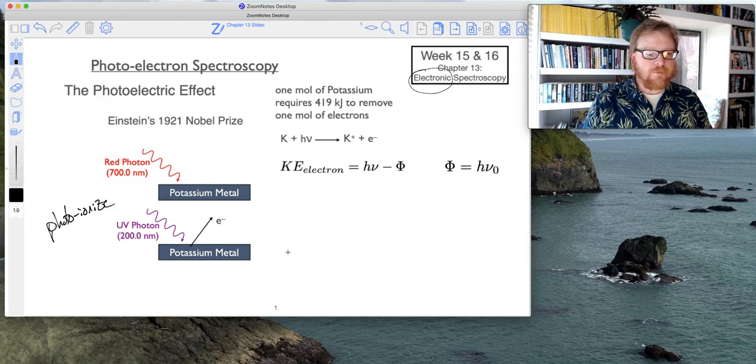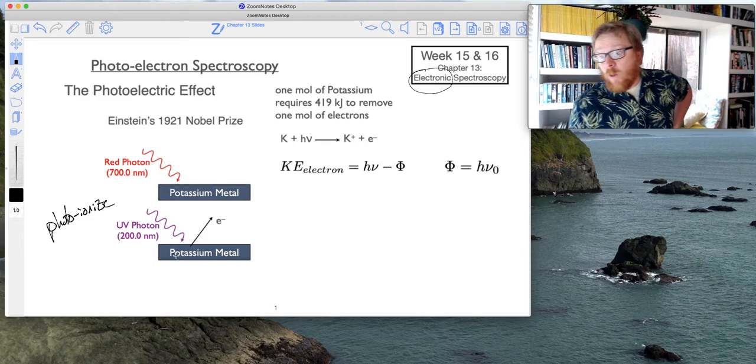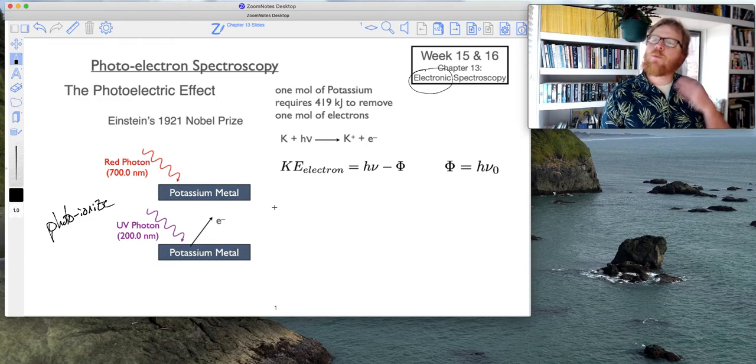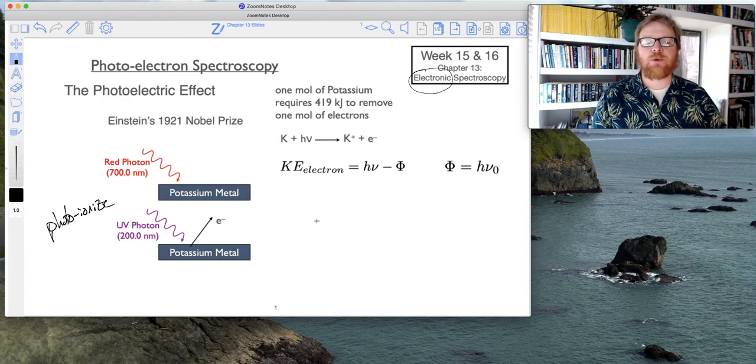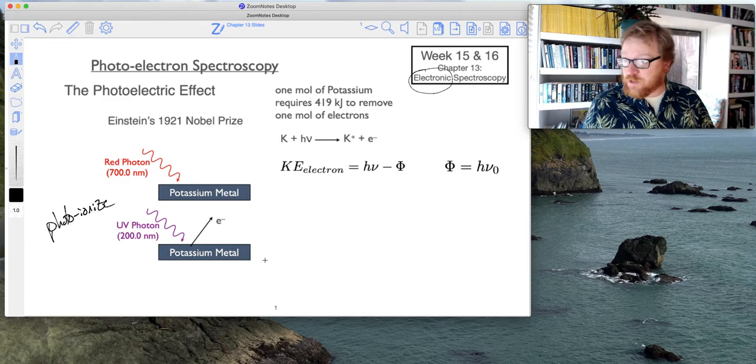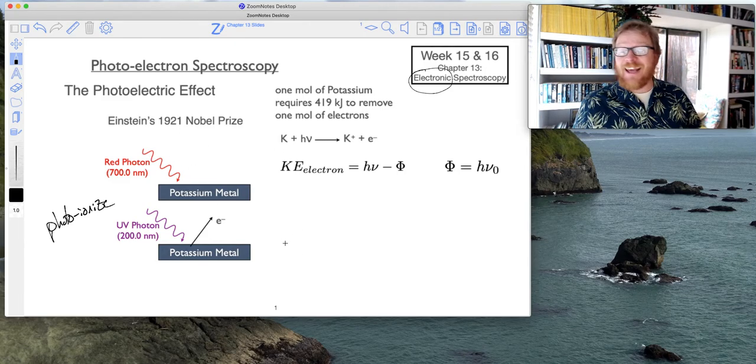Okay. So typically we deal with, well, always with solids in XPS. Some more recent techniques have shown how you can do liquids on photoelectron spectroscopy, but it is not straightforward. And I'll talk about why we typically do solids in photoelectron spectroscopy.